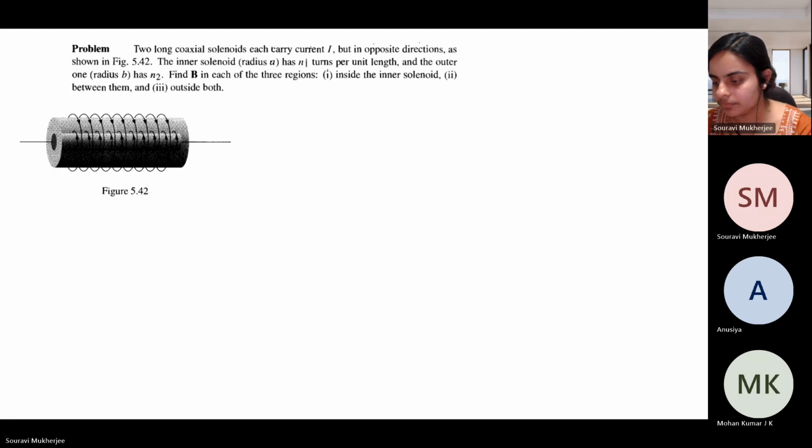Any idea? So think of what is the field for each of the solenoids and what is the direction of the fields, because now your currents are in different directions, right?